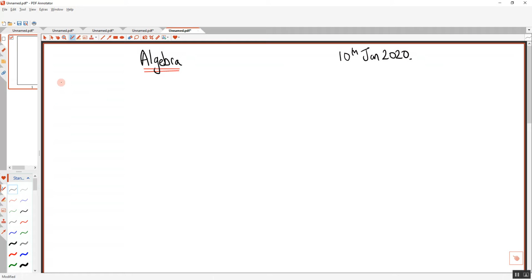And the first thing we're going to look at is Algebraic Expressions. So this is kind of like our subtitle. Alright, and we're going to say an algebraic expression.